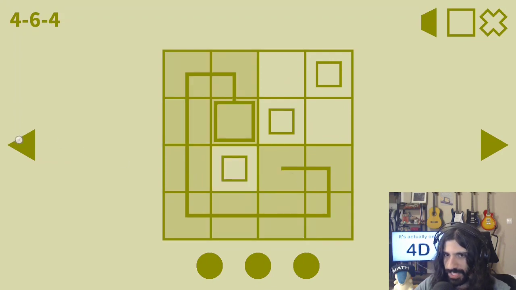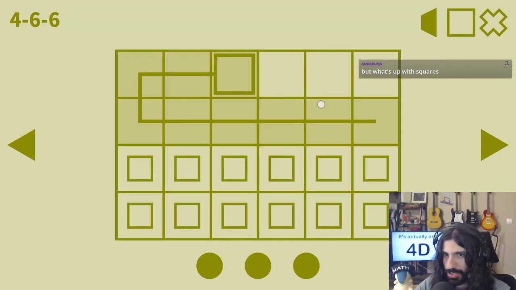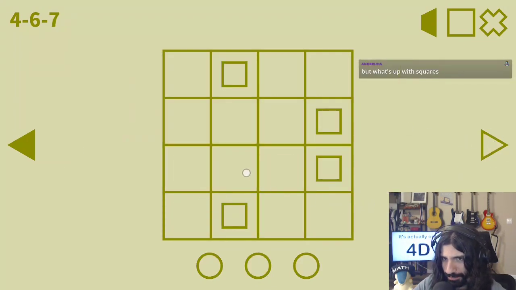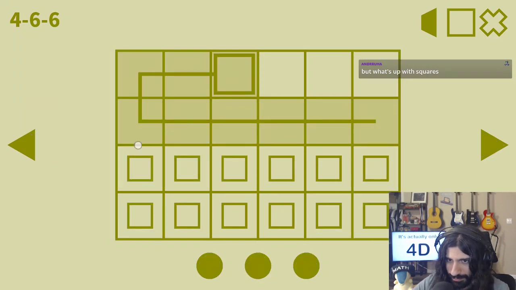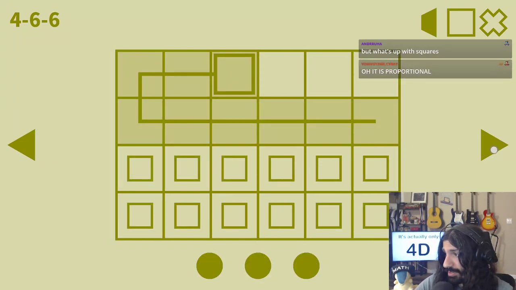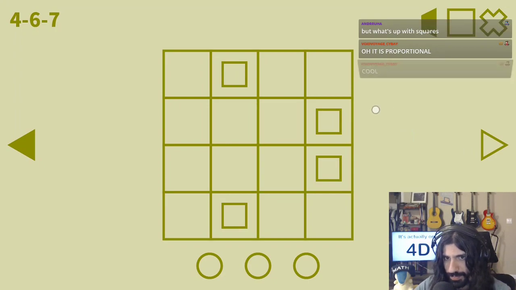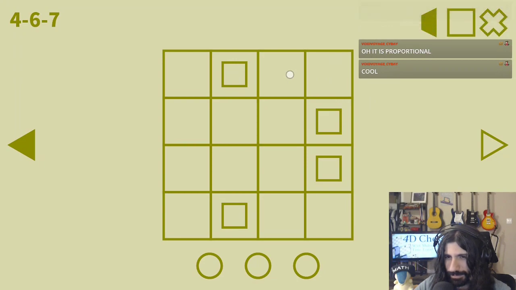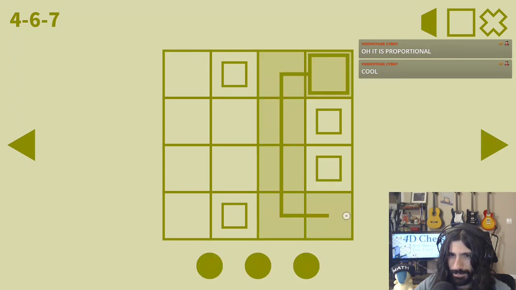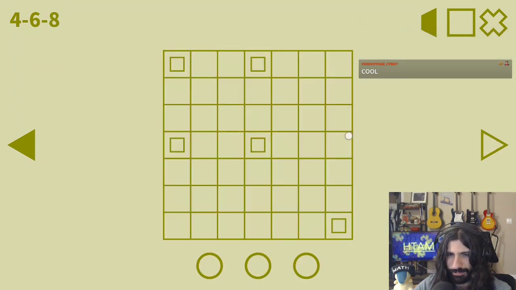This is like 4 of these next to each other, this is 4 of these next to each other, this is 4 of these next to each other. Maybe. And you can't go through squares. So maybe that's what it is. Yay. Ah, jeez.